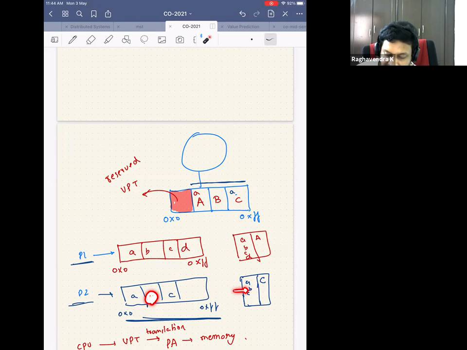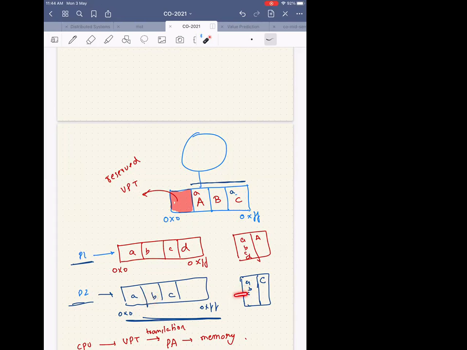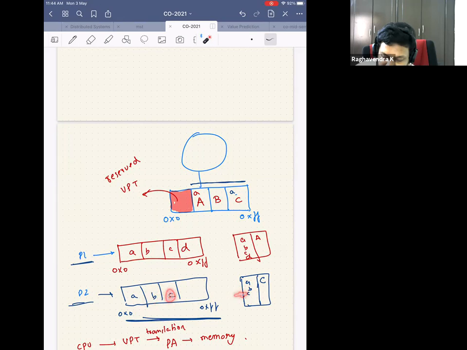Its own memory, process 2's memory. And when it is accessing C, it's accessing process 2's memory. When it is accessing D, let's say it generates an address. Let's say now, in this case, process 2 generates an address 0xC8.